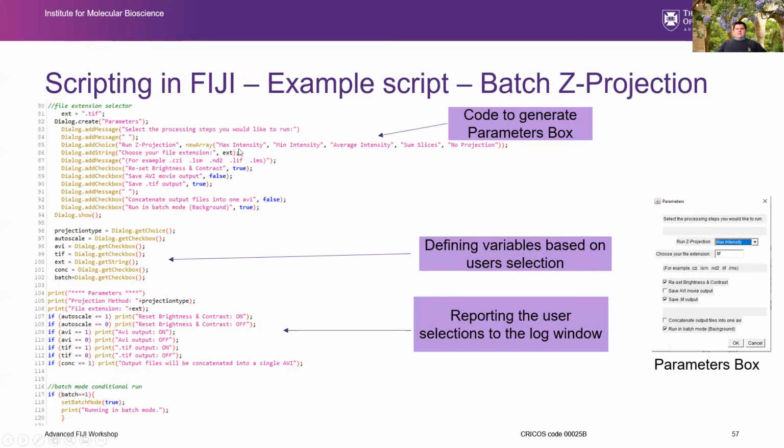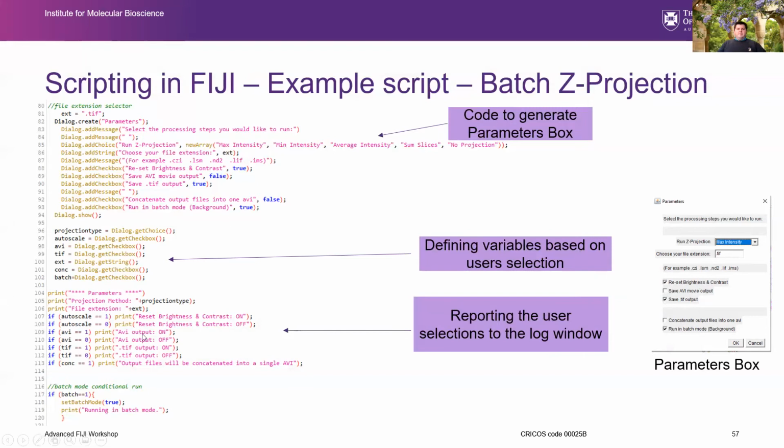Max intensity is one of the options, but you can see that we've made an array with min intensity, average intensity, sum slices, or no projection. So we can use this script to not actually project data, just open it with Bio-Formats and save it to TIFF. Rather than having another script that does convert to TIFF, we can use this code to do it for us. So this will display the parameters box, and the user can tick on and off different things and choose options.